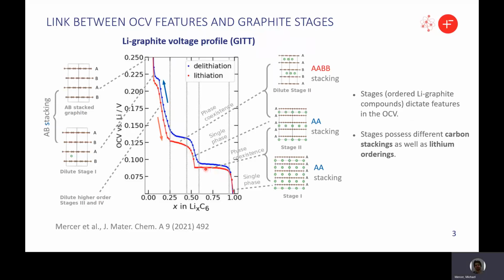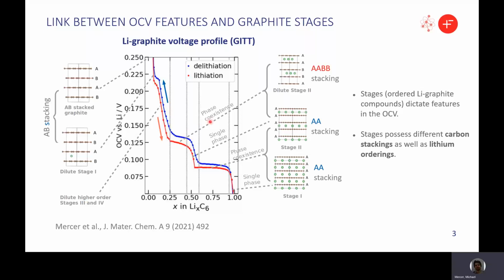For example, the well-known stage 1 to stage 2 coexistence shows a coexistence of the same carbon stacking, that is AA stacking, but different lithium orderings. So in stage 2, you have alternate orderings of lithium in each alternate plane.